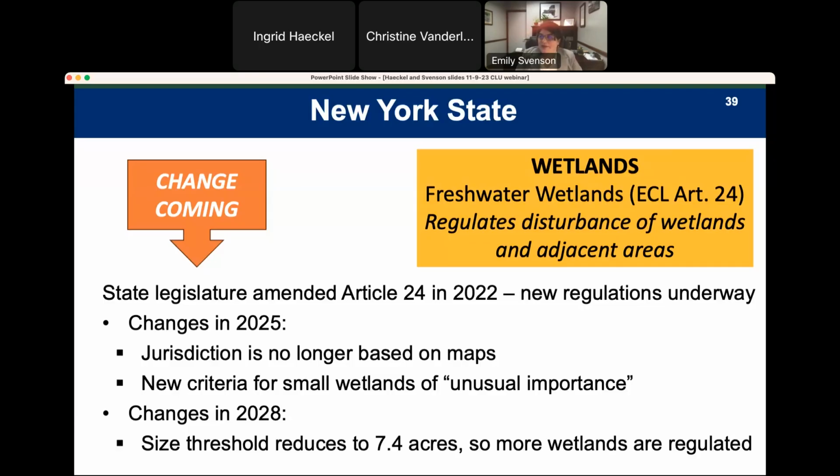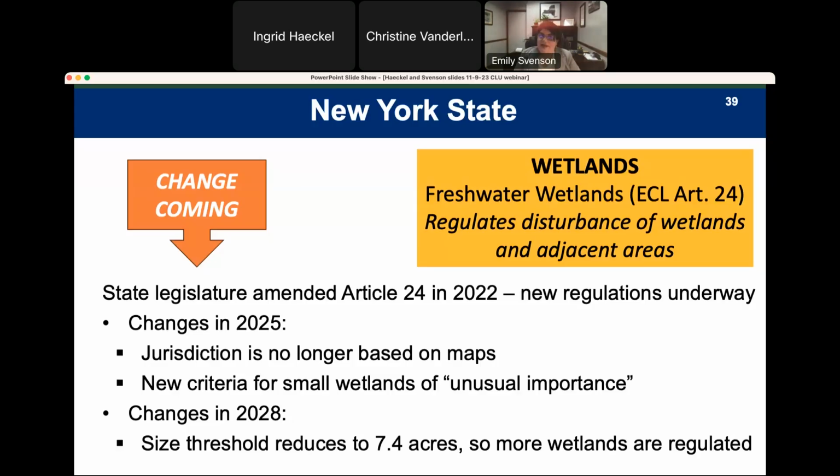The other change that will take place in 2025 is that there will be new criteria for small wetlands of unusual importance. Some of the criteria that will apply include watersheds with flooding issues, wetlands in urban areas, wetlands that provide habitat for protected species, vernal pools specifically, and previously mapped wetlands that were regulated in the past will also continue, even if they're smaller than 12.4 acres.